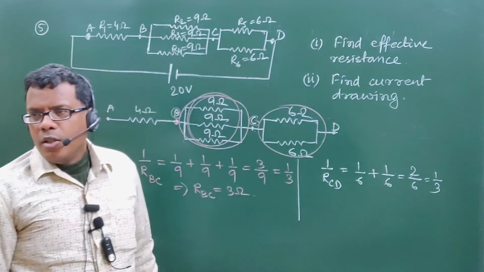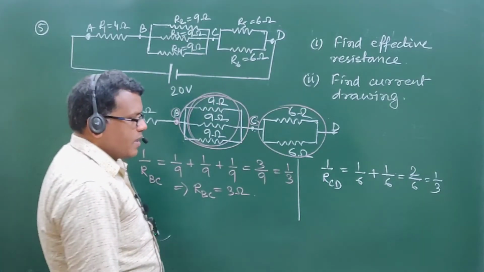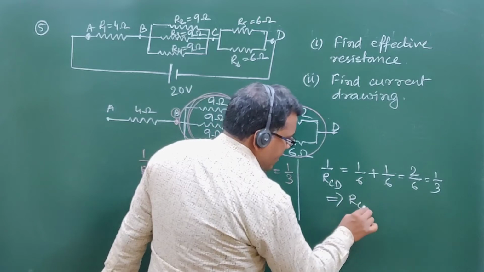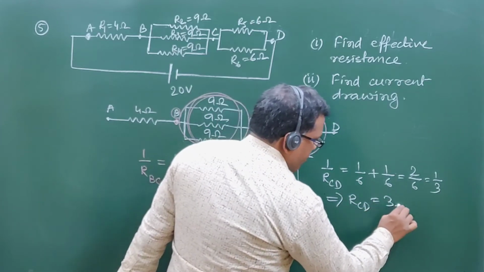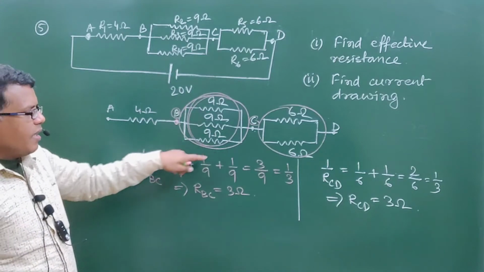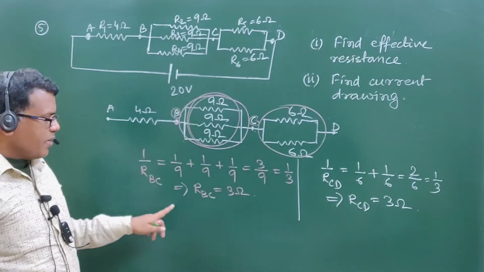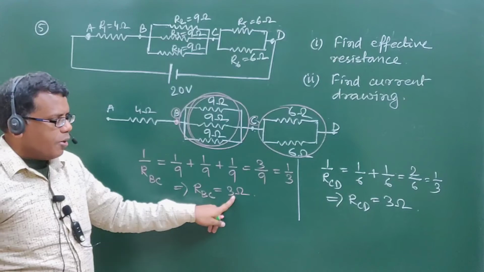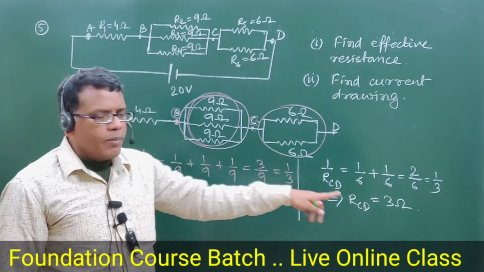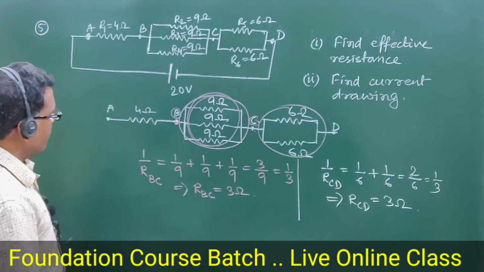So RCD is 3 ohm. Between B and C we can replace the three resistors by 3 ohm, and similarly between C and D we can replace them by another resistor of 3 ohm.